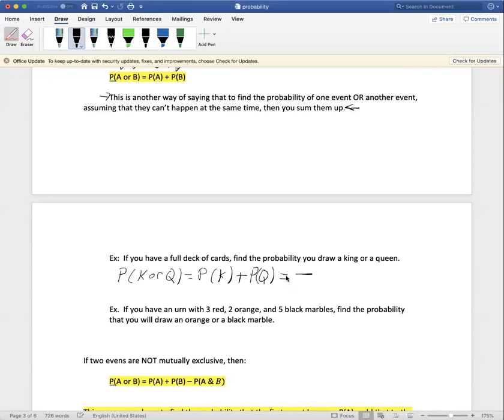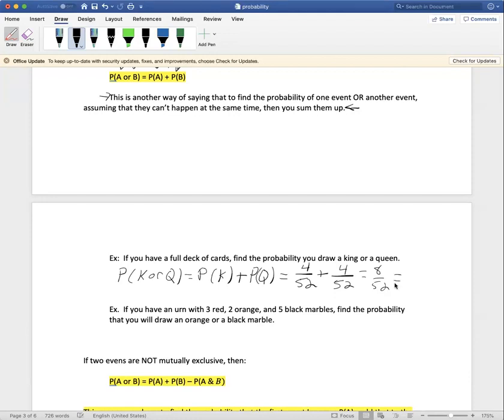Well, if we have a standard deck of cards, a total of 52 cards, then the probability that we're going to draw a king from that deck of cards is 4 out of 52. Right? We have 4 different kings in the deck, 4 different suits. And similarly, the probability we draw a queen is going to be 4 out of 52. So that gives us a total of 8 out of 52.